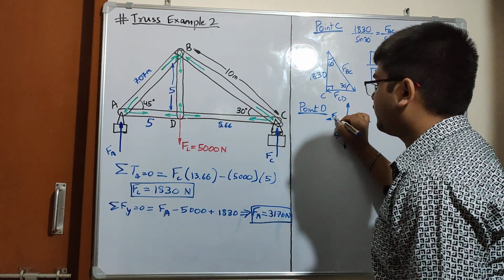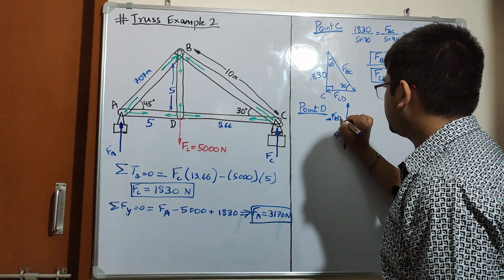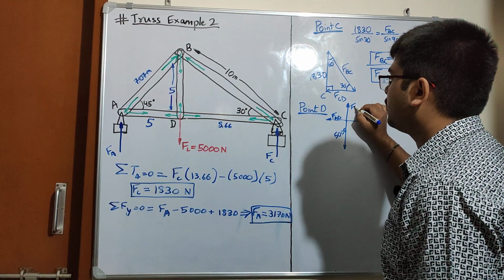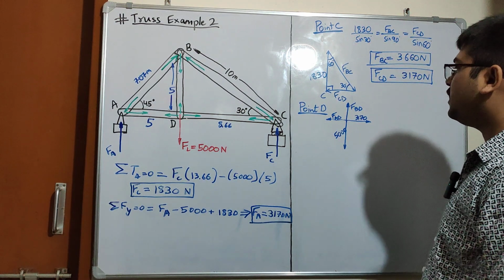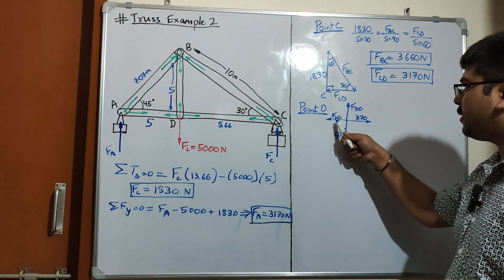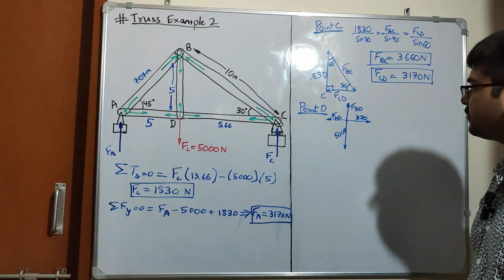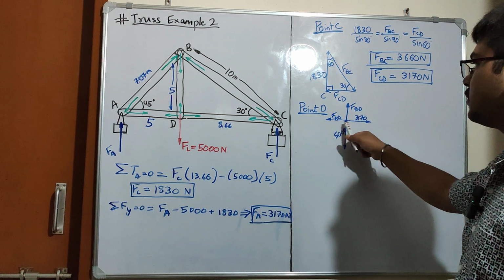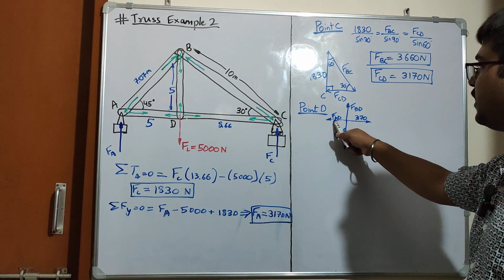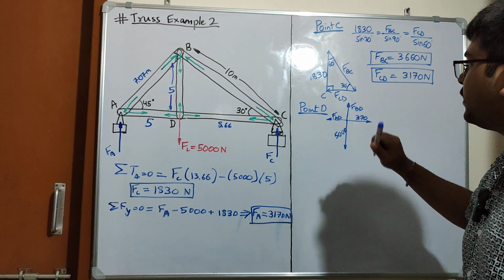and FAD is this and FBD is this. Now we can clearly see that this force will be equal to this force and this force will be equal to this force, because there is no other force in this direction. In the horizontal direction there is only FAD, in the vertical direction there is only FBD.